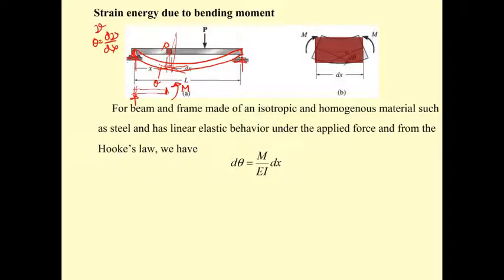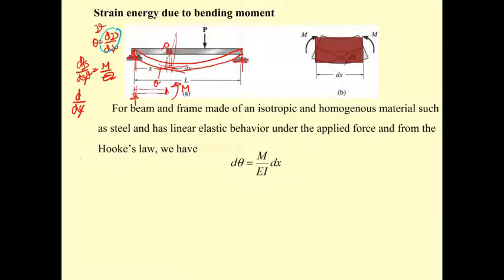And then you have d square phi by dx square equal to M over EI. This is the equation for the elastic beam theory that we have had since the start of this chapter. And then if you put this into this equation, you may rewrite this equation to be as d by dx, d what?